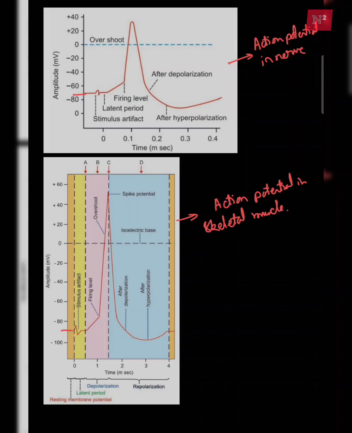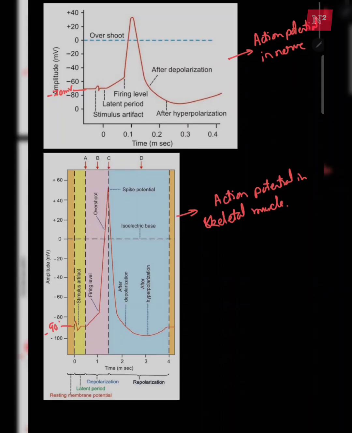In case of your nerve, the resting potential is slightly less negative as compared to that of the muscle. The resting membrane potential of the nerve is minus 70 millivolt.